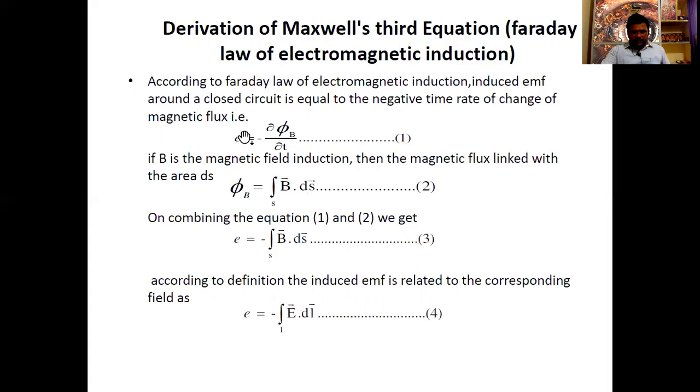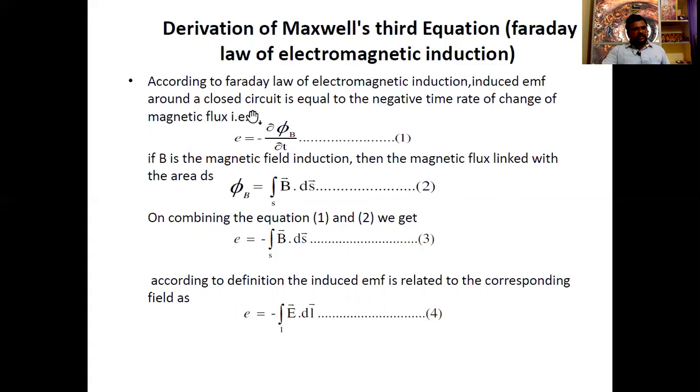Here E is the electromotive force, or EMF, generated because of the current passing through a closed path. φB is the magnetic flux generated because of the current flow, and the rate of change of flux is nothing but our electromotive force.